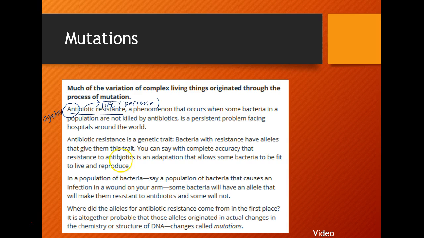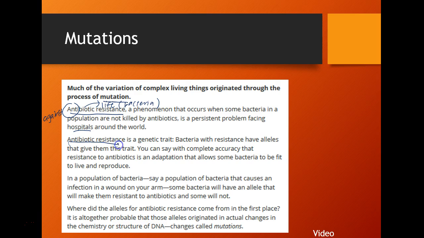Bacteria is often killed by antibiotics, but if you have antibiotic resistance, that means you're not killed by these antibiotics. This obviously would be a problem for hospitals, because hospitals try very hard to eliminate as many harmful bacteria as possible. If these bacteria develop a resistance, then they will continue growing instead of being killed.